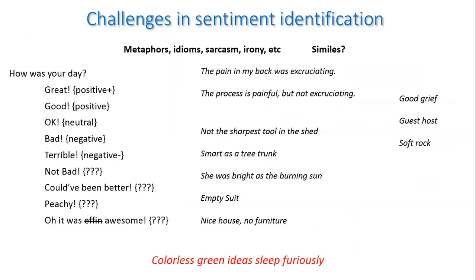I listed some on the top, like metaphors, idioms, sarcasm, irony, and things like that. I don't think similes are much of a problem, but it's simply because I haven't been able to find an example where you can express a contradictory emotion with a particular word.